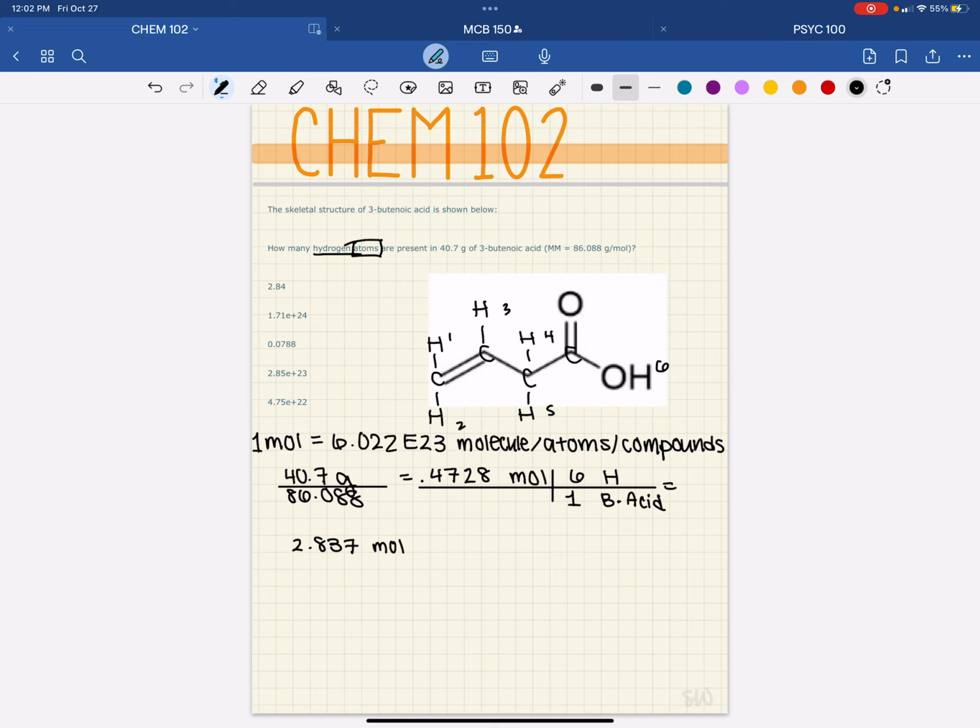I'm going to multiply by 6.022 times 10 to the 23rd over 1 mole, which is going to give me 1.71 E24 atoms as my answer.